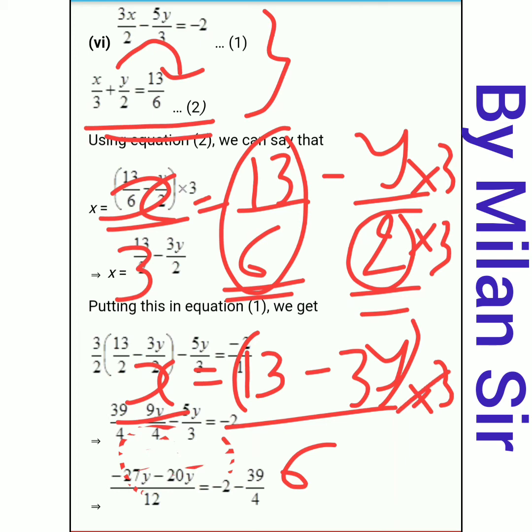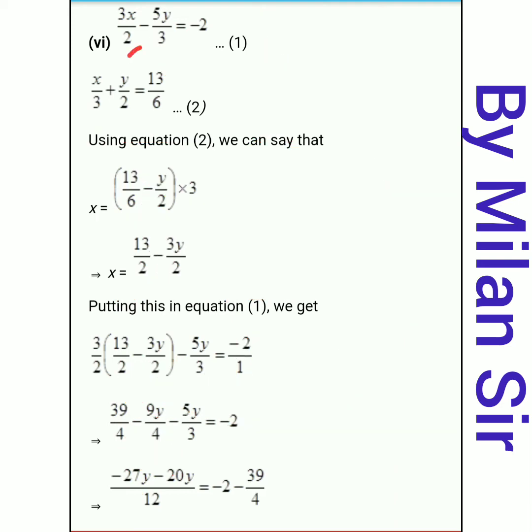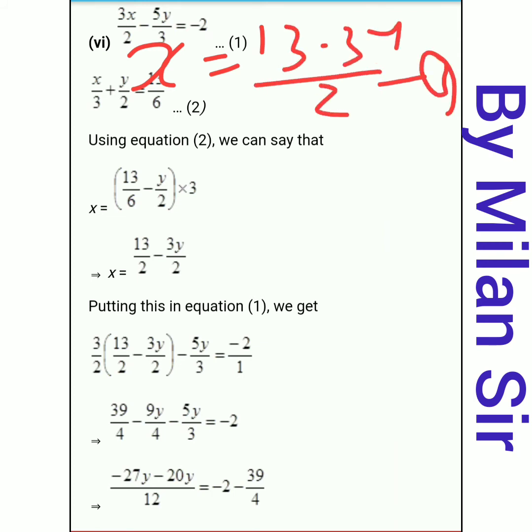That means 3 into 6. So this is our value of x, 13 minus 3y upon 2. This is our value of x and we give equation number 3.